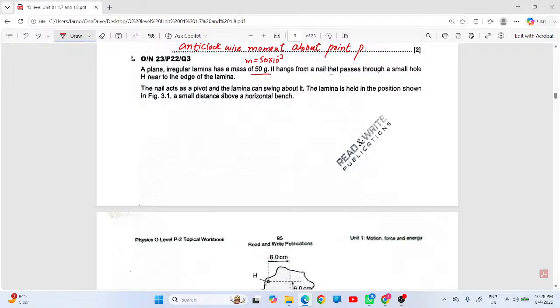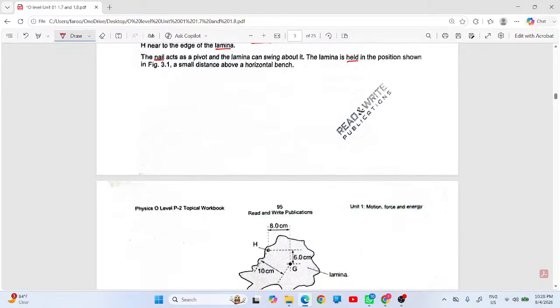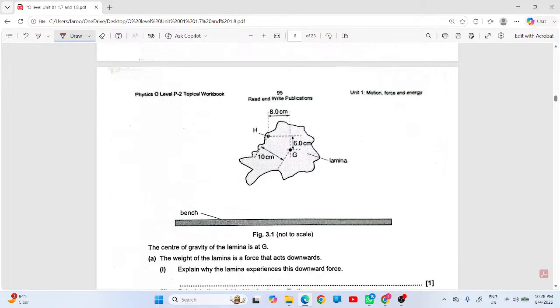It hangs from a nail that passes through a small hole h near the edge of the lamina. The nail acts as a pivot, so nail is our pivot point, and the lamina can swing about it. The lamina is held in position shown in figure 3.1. A small distance above a horizontal bench is this one.